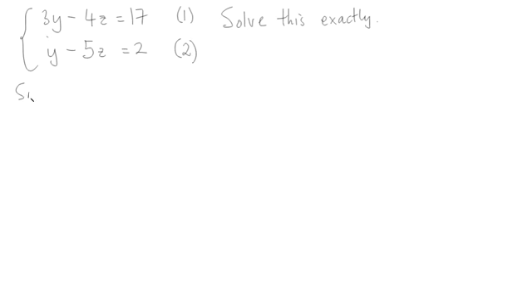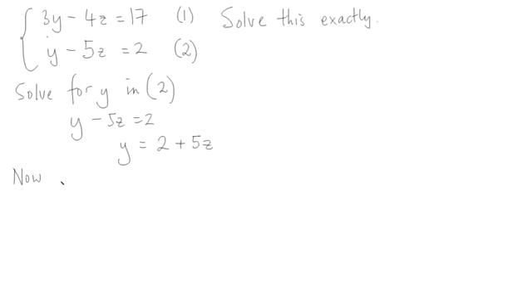So solve for y in the second equation. We get y minus 5z equals 2. We have to then add 5z to both sides, which gives me y equals 2 plus 5z.